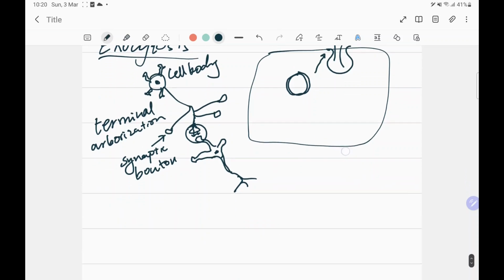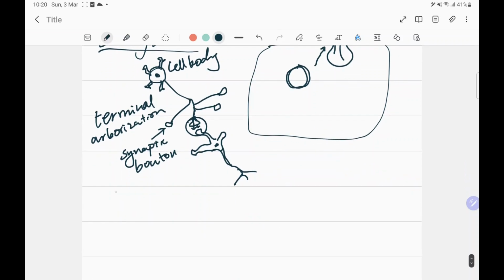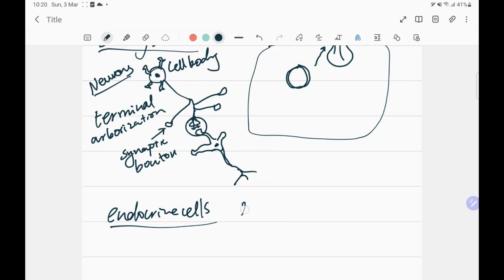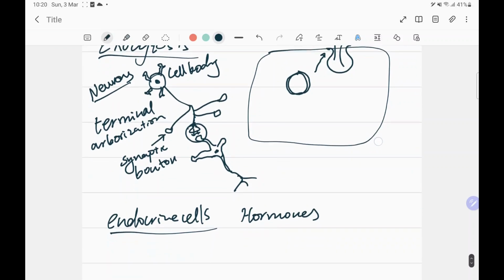Other examples are certain cells that secrete hormones, your endocrine cells. So we have neurons that do this, and you have endocrine cells that secrete hormones throughout different parts of the day, sometimes throughout the entire day, like the thyroid. However, these hormones are released under certain stimulation, so that again requires exocytosis.